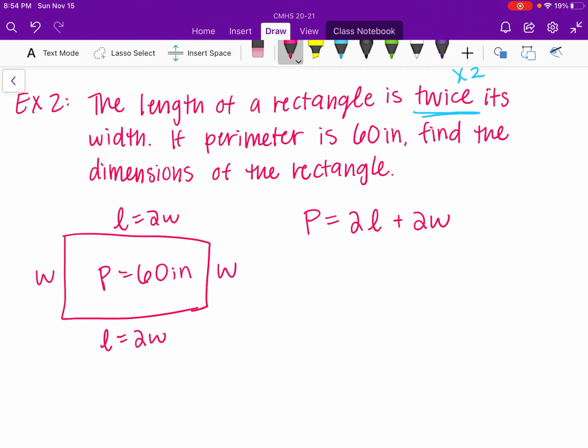So we're going to plug in what we know. Perimeter is 60, so instead of P, write 60. 2 times L is actually twice the width. So instead of L, I'm going to write twice the width.